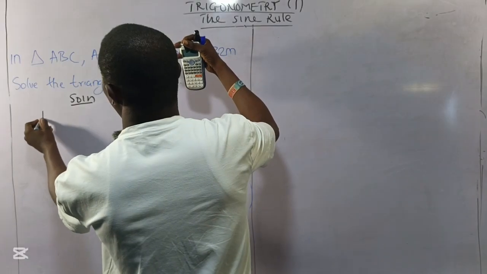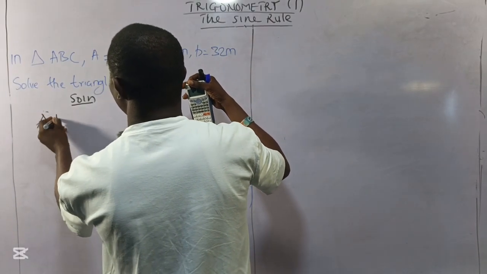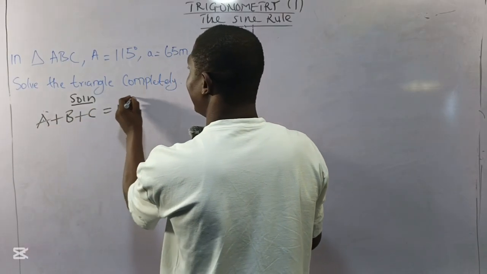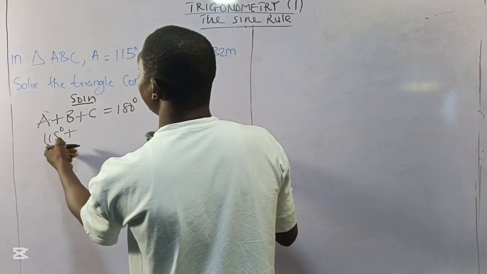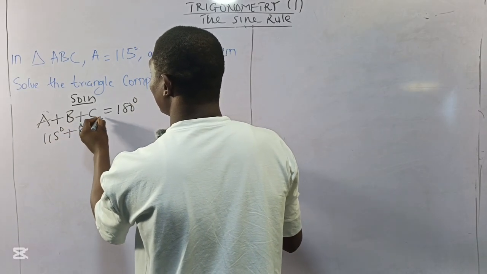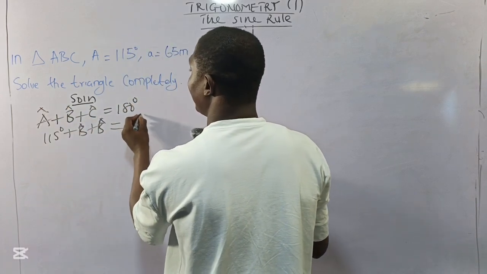That's to say, remember, A plus B plus C must be equal to 180 degrees in a triangle. Now A is 115 degrees, plus angle B plus angle C will equal 180 degrees.